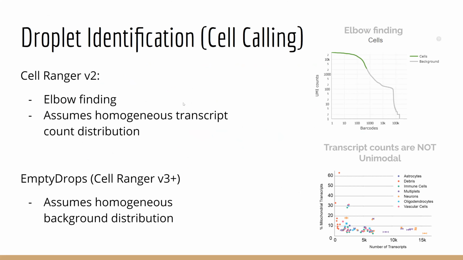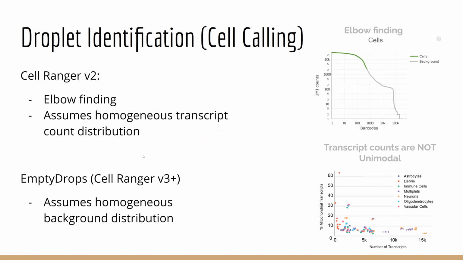Cell Ranger v2 has an elbow-fitting method that finds a threshold to cut off what is a cell versus empty. Unfortunately, that assumes a homogeneous transcript count distribution, which for heterogeneous samples like brain is definitely not a good assumption.